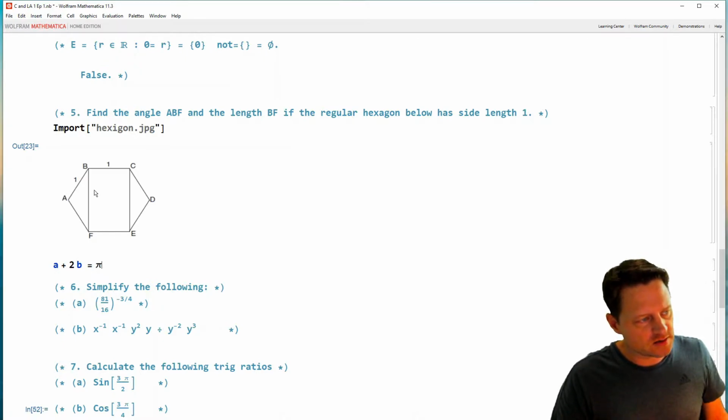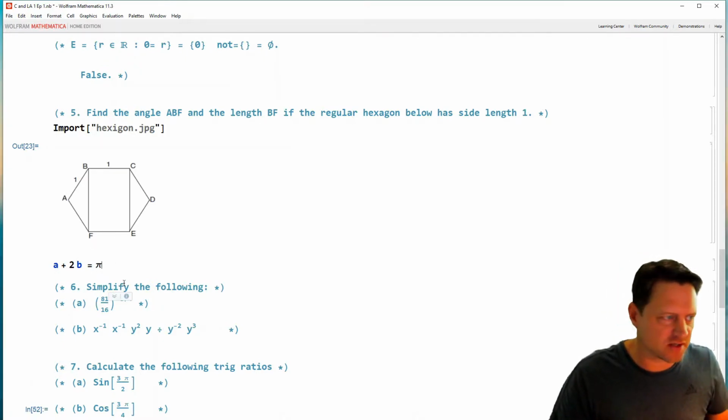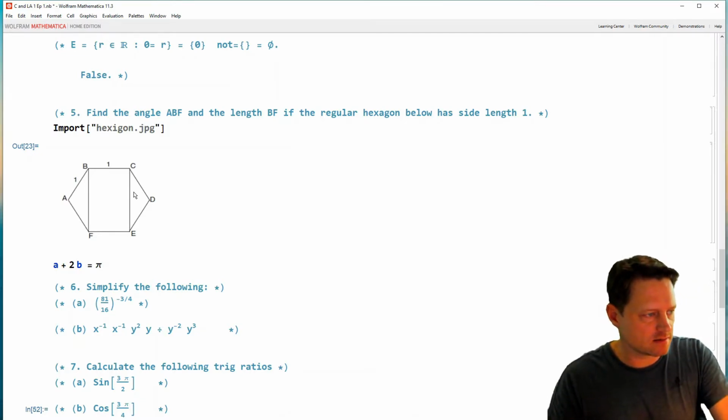Now, what about another expression for this? Okay, so we can also see that the angle b in here plus 90 degrees, which is pi on 2, will also add up to a, right? Because that's the same angle as a.